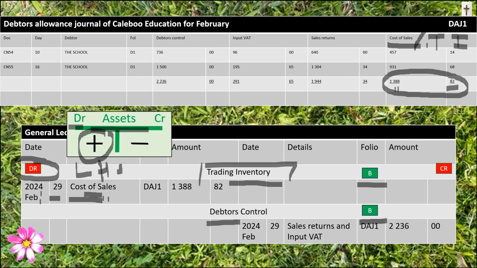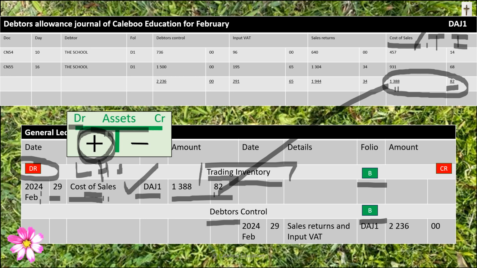So cost of sales would have been credited, trading inventory is debited, an increase in the value of the asset. Where did I get the information? From the Debtors Allowance Journal. And what was the amount? The total of the column was 1388.82. And there you go. You're scoring marks.